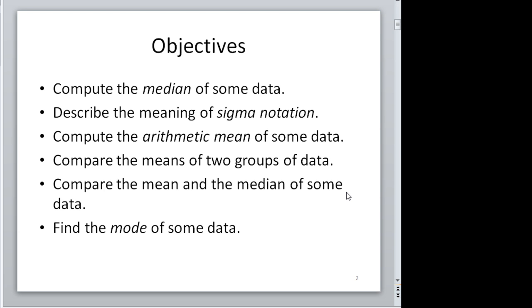So what we are going to do, we're going to talk about the median, we're going to talk about the sigma notation, and we're going to talk about the mean and try to compare the mean of two groups, and compare the median and the mean, and we're also going to talk about what's called mode. So basically 3 different things: median, mean, mode.